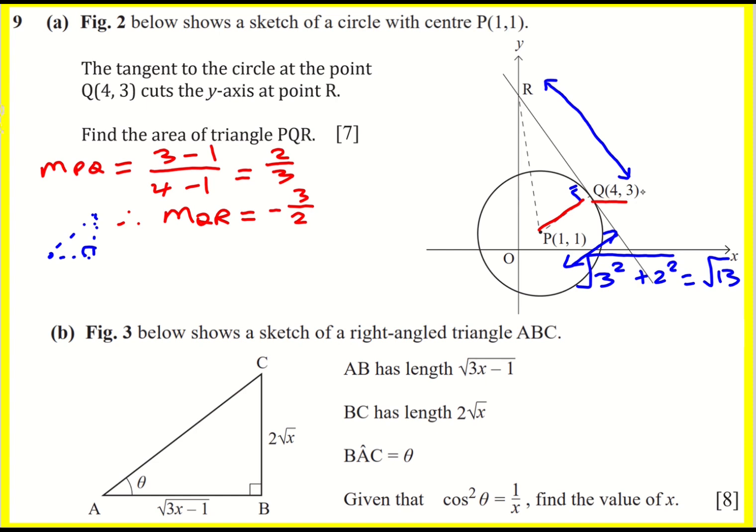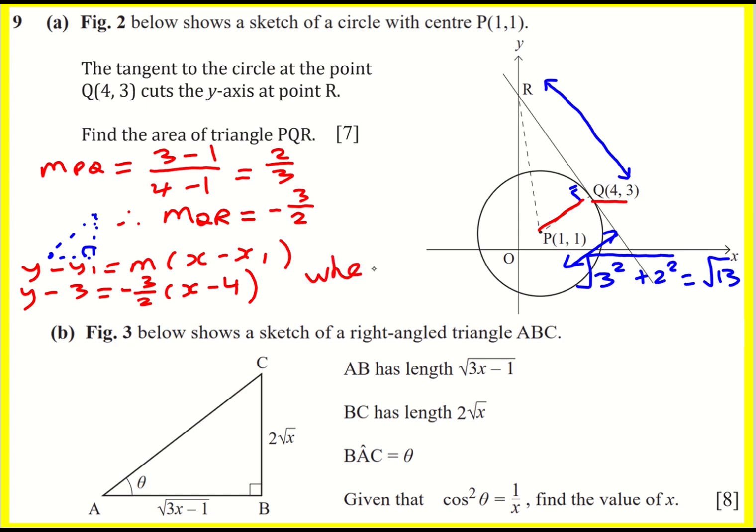I know that it goes through (4, 3), so I can substitute that in. You can either use y equals mx plus c, or y minus y1 equals m(x minus x1). I always use this one. So y minus 3, we've got one point and the gradient, that's all we need, is minus 3 over 2 (x minus 4). In fact, I don't need the whole equation of the tangent. I just need to know what happens when x is 0.